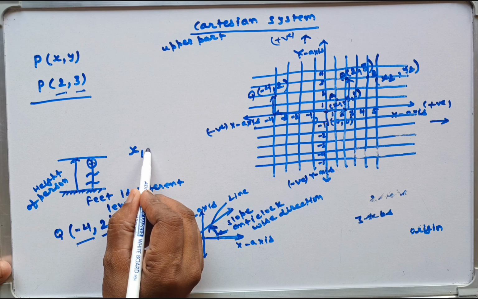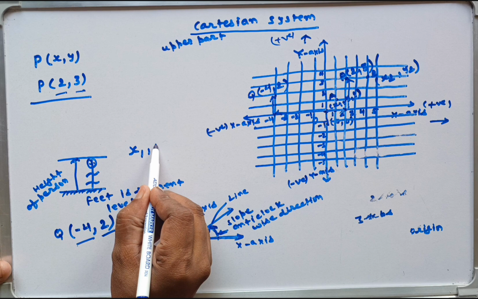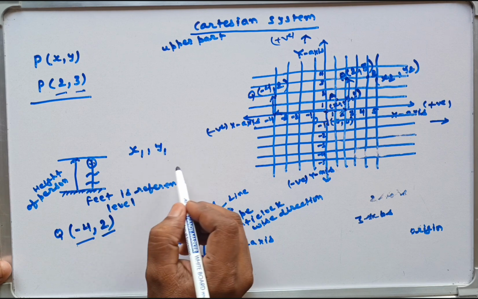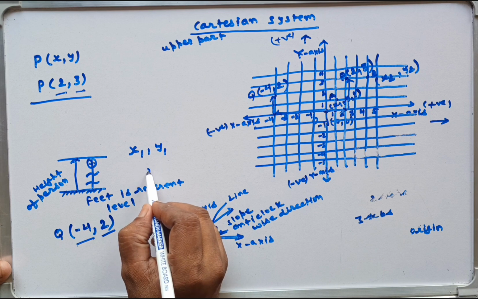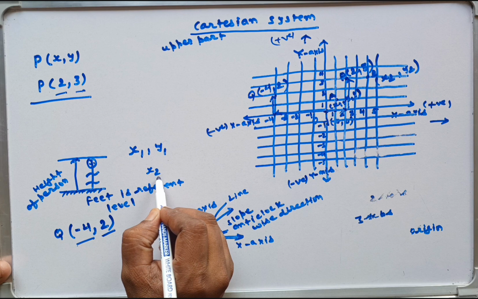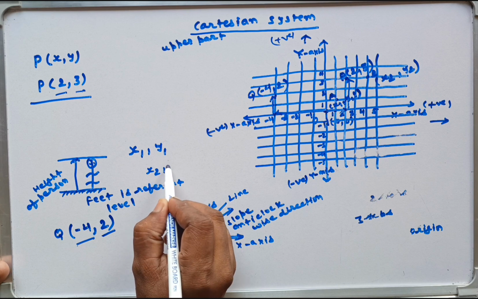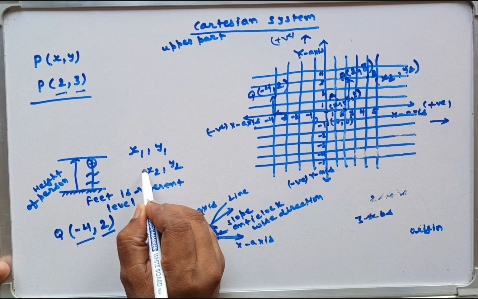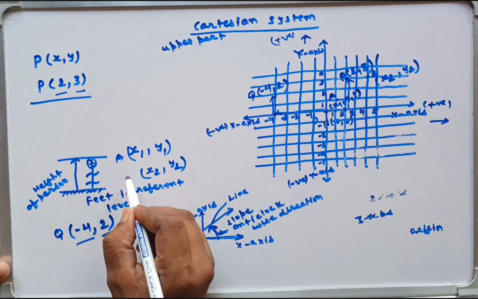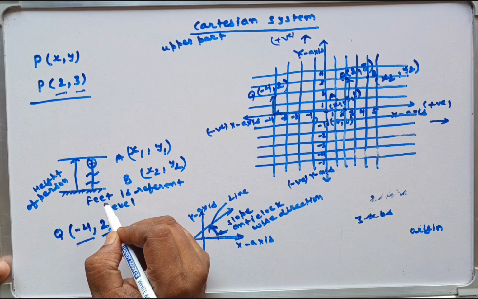If we want to write y1, we write y then 1. If we write x2, we write x then a subscript 2, then comma, then y2. So this point is A and this point is B, guys.